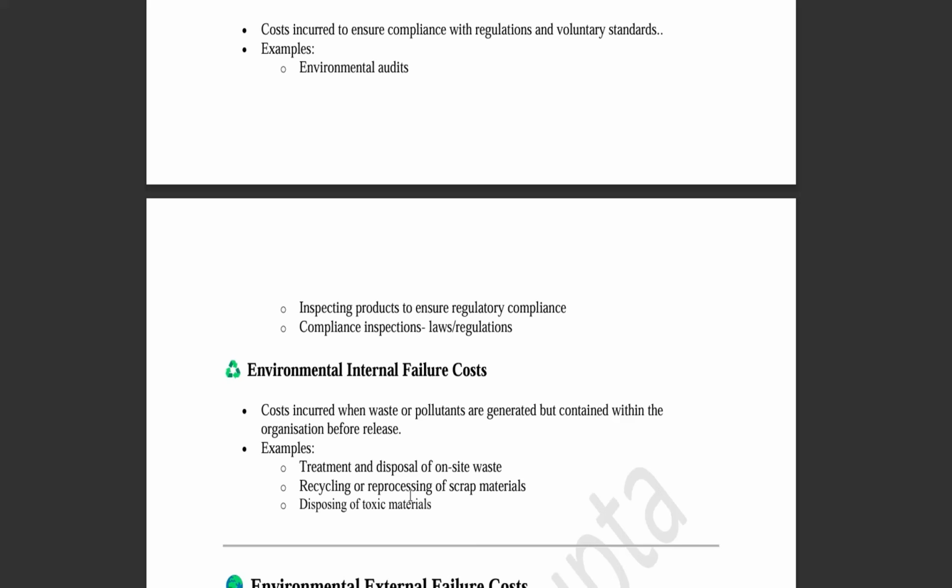So treatment and disposal of waste within the site, or recycling the scrap materials. We are not releasing it into the environment, so we are incurring the cost to get it disposed of before it is released. Okay, so disposing of toxic materials.